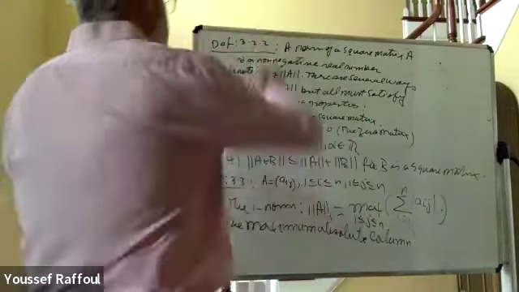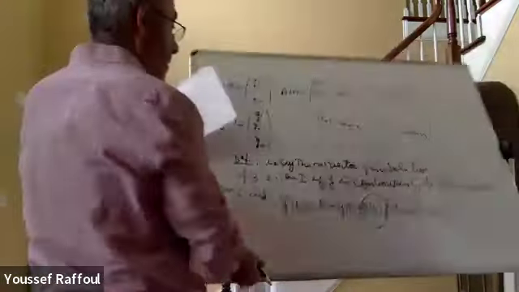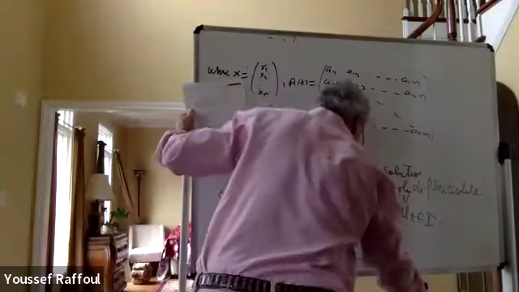So basically, you take the column of the matrix and you add all the entries.